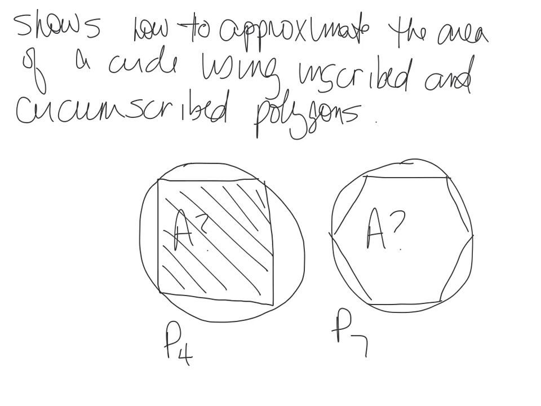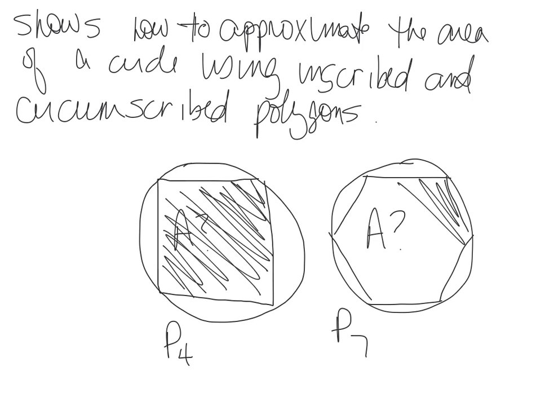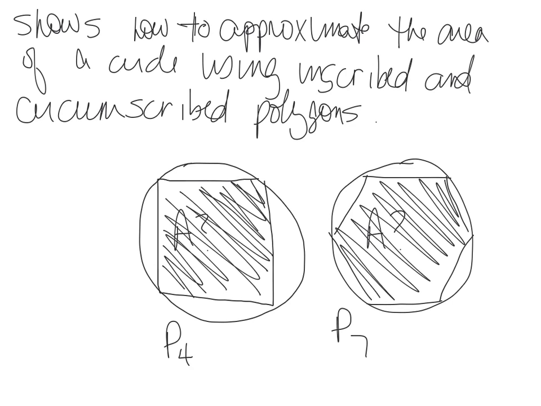How close are we? If we calculated the area of the square, we're not so close to the area of the circle. If we calculated the area of the hexagon, we're a little bit closer. If we calculate the area of an octagon, I'm so bad at drawing these, especially 1, 2, 3, 4, 5, 6, 7, 8.